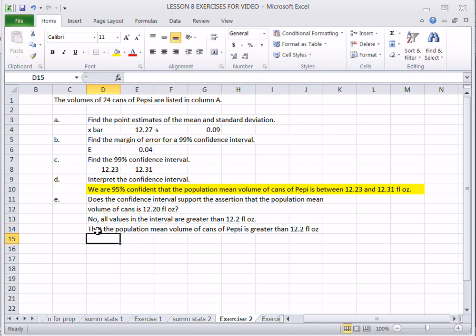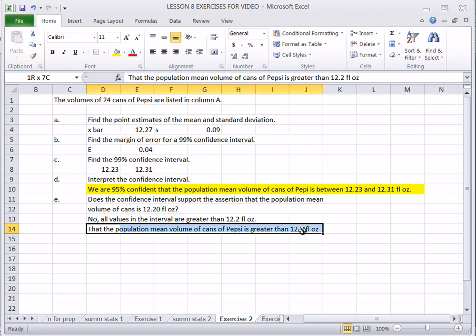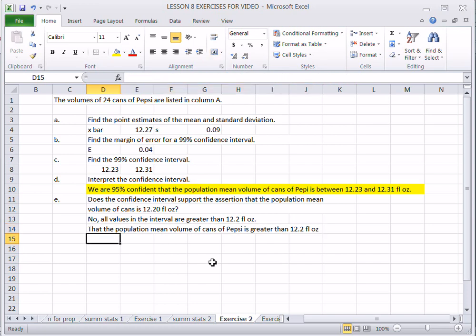So not only is the population mean volume of Pepsi greater than the 12 ounces labeled on the can, we're 95% confident that it's actually greater than 12.2 fluid ounces, because there's a 95% chance it's between 12.23 and 12.31.